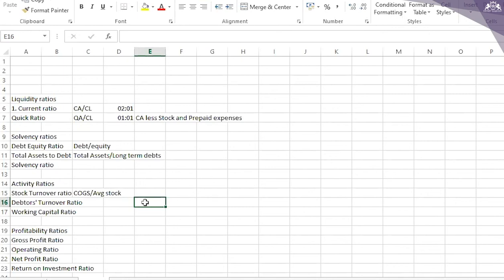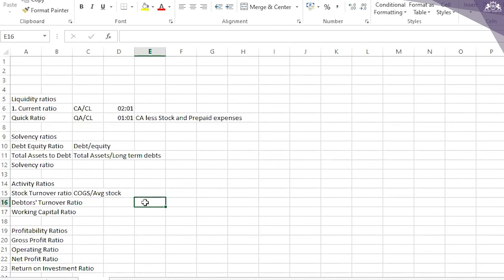Conversion of stock into sales. This ratio measures how fast the stock is moving through the organization and generating sales. Higher the ratio, higher the efficiency. But sometimes it can lead to working capital issues.